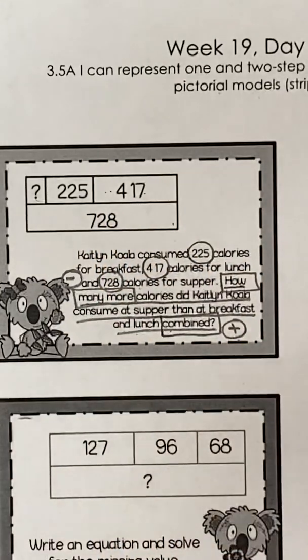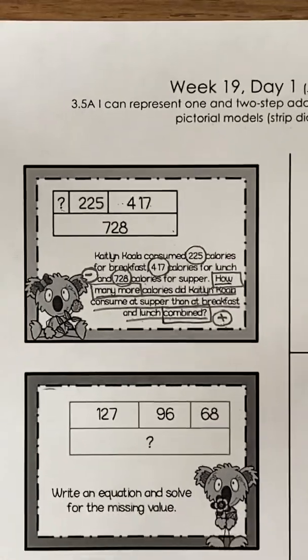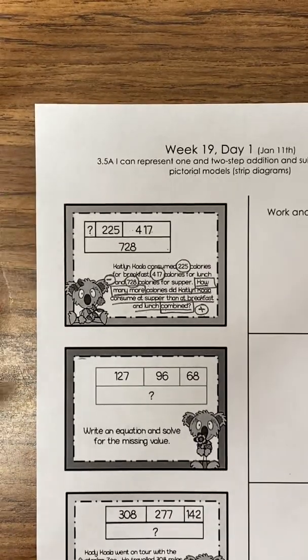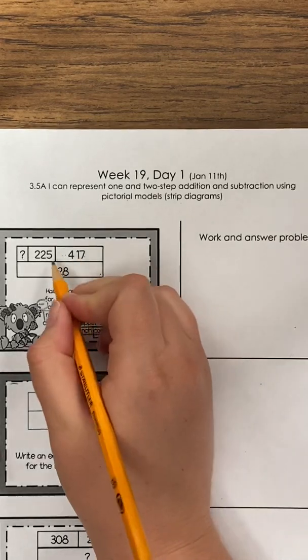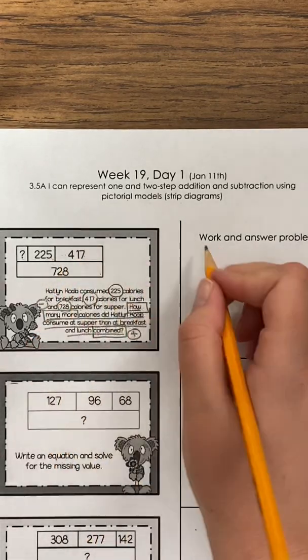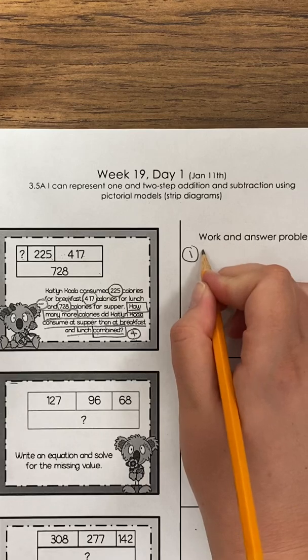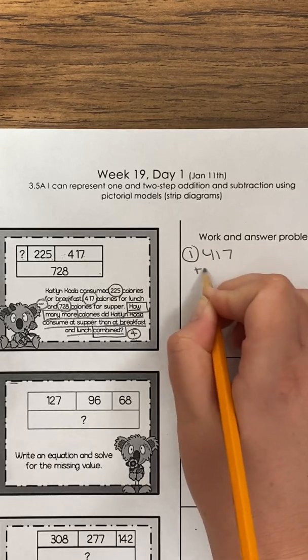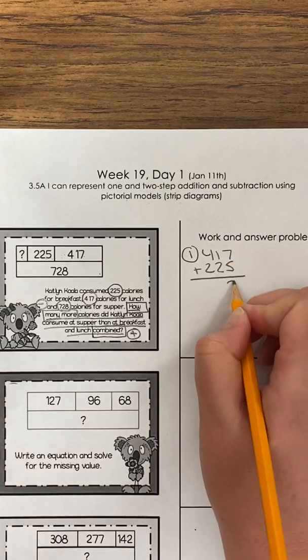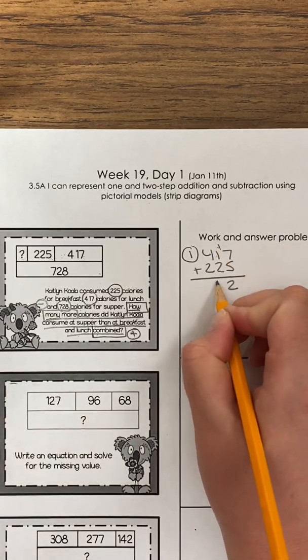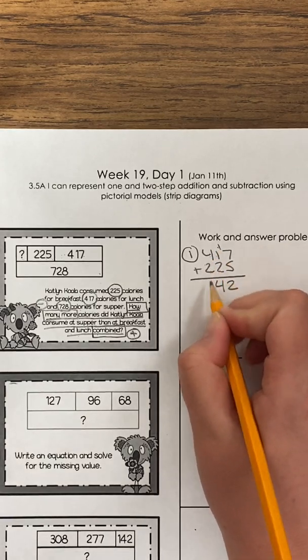I'm going to zoom out just a little bit so that you can see, because we're going to be showing our work over here. All right, so we need to add these two numbers first. So first step, 417 plus 225. All right, that's 12, 2, 3, 4, 4, 5, 6.